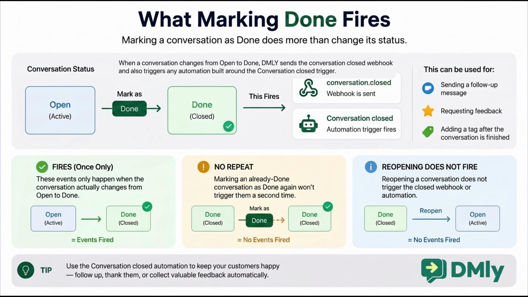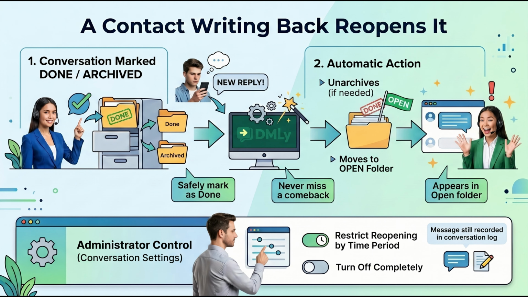These events only happen when the conversation actually changes from open to done. Marking an already done conversation as done again won't trigger them a second time. Reopening a conversation does not trigger the closed webhook or automation.